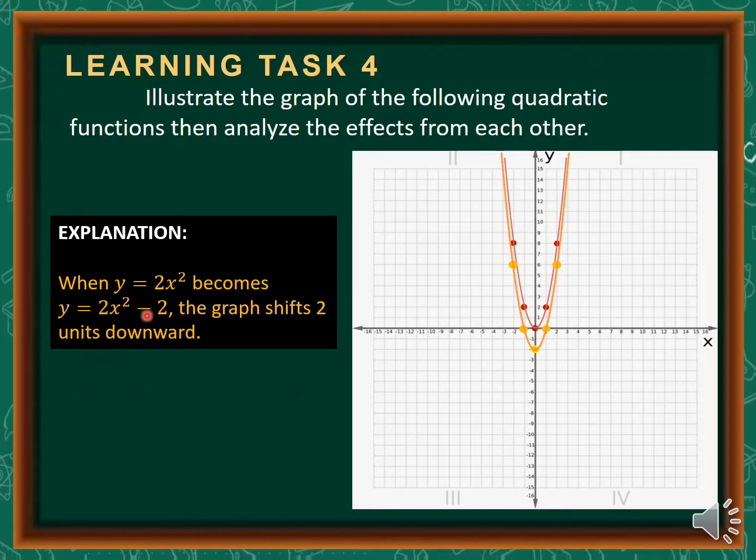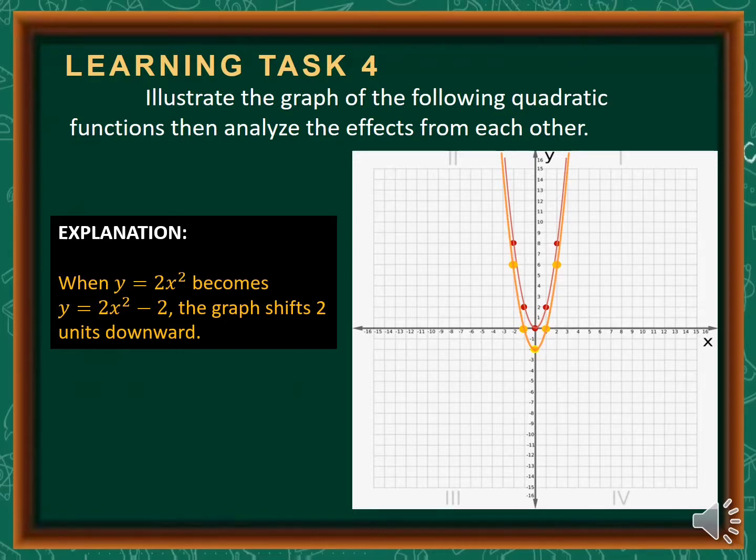If it is negative, then move siya ng downward. If the k is positive, then you will move it upward. So how many units? It depends on the numerical value of your k. Since the numerical value is 2, therefore, you will move the vertex or the point 2 units downward. So that happens. Okay?